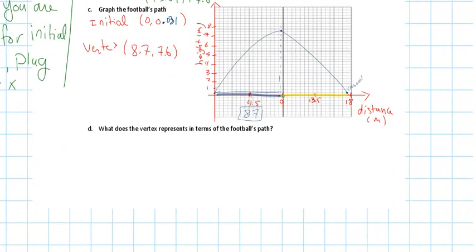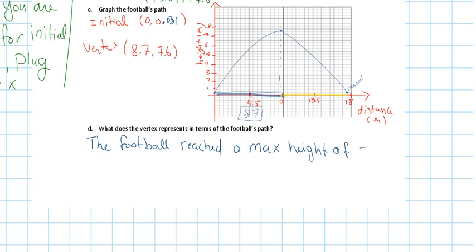So we already talked about what the vertex represents in terms of the football path. We know that the football reached a maximum height of 7.6 meters at a horizontal distance of 8.7 meters.